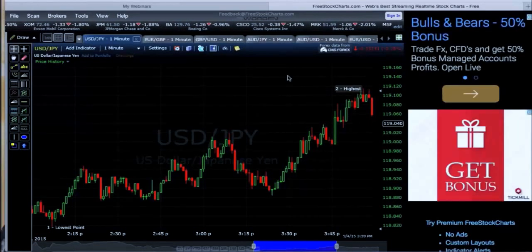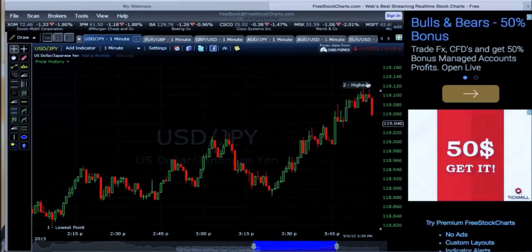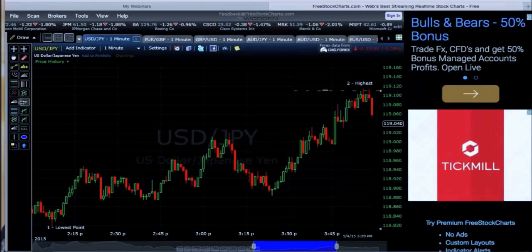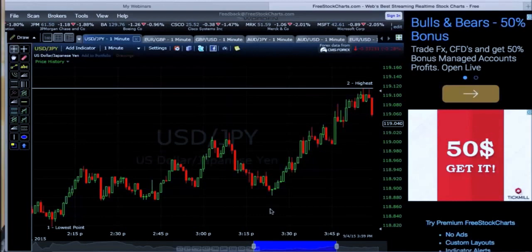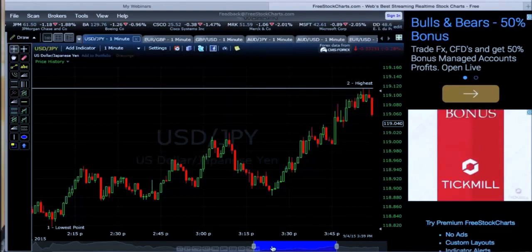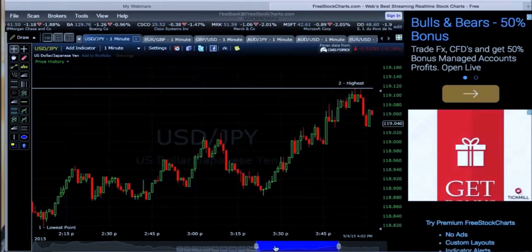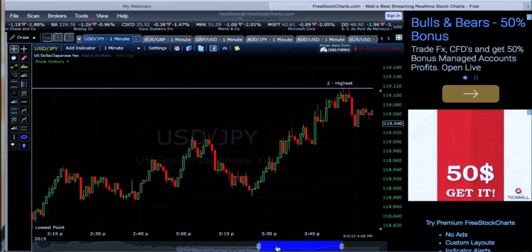It's going to be our highest. We're drawing a horizontal line from here. And then we're waiting for any candle to cross above and close above it.